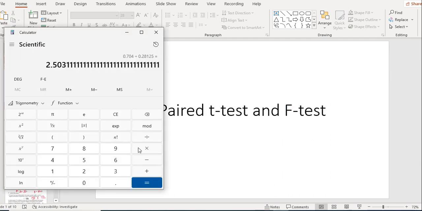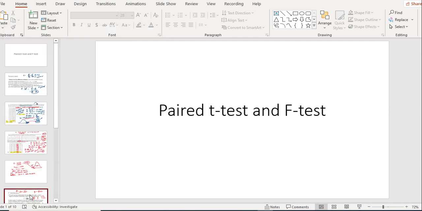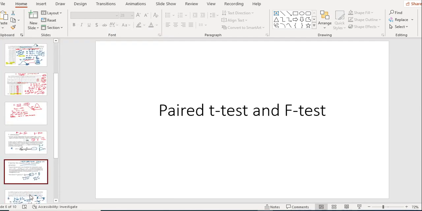If we calculate the reciprocal of 3.07, its value comes out to be approximately 0.326.